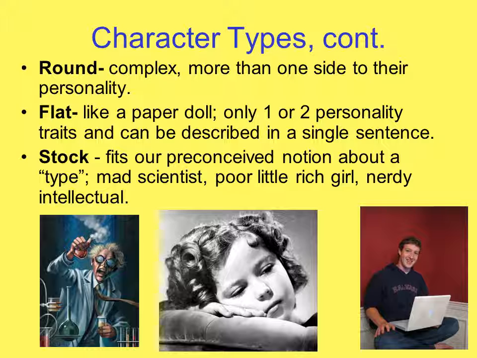Then we have more character types. Round characters are sometimes the protagonist, but not necessarily. Flat, and then stock. Now, stock characters are always flat, but not all flat characters are stock. A stock character is a stereotype.